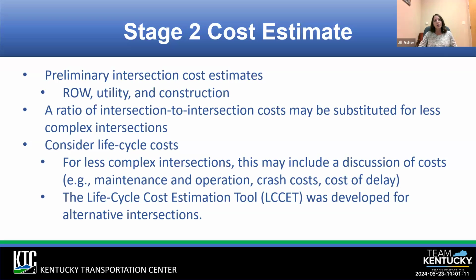So at this point, you're close to the end of your preliminary engineering process, and you have a better idea of your cost estimates. The cost estimates that we're looking at for ICE are just for the intersection. You may have a really long corridor, but you're looking at that particular intersection and the comparison of costs of one intersection type to another. So you want not only the cost to build, so what's your right-of-way cost, what's your cost to construct, but you also want to consider these life cycle costs.